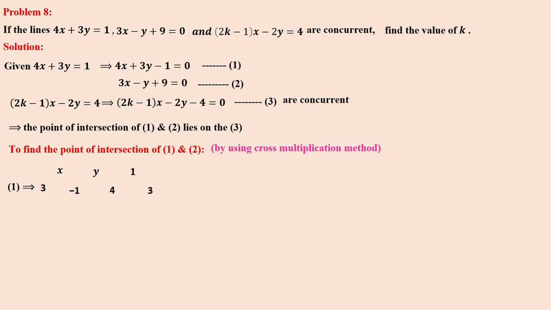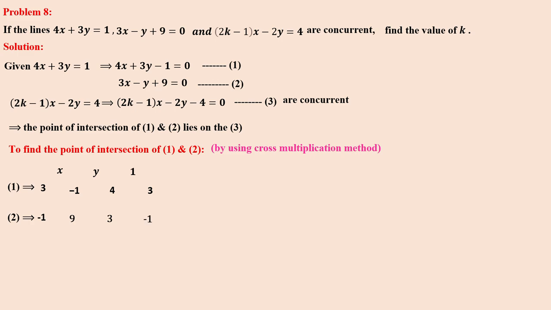Similarly consider the second equation. Here the coefficient of y is minus 1, then the constant term 9, then the coefficient of x, 3, then again the starting point, minus 1, the coefficient of y.